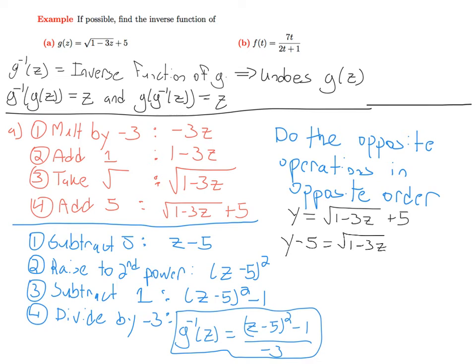Then we would square both sides. Then we would subtract 1 from both sides. And then finally, we would divide both sides by minus 3.